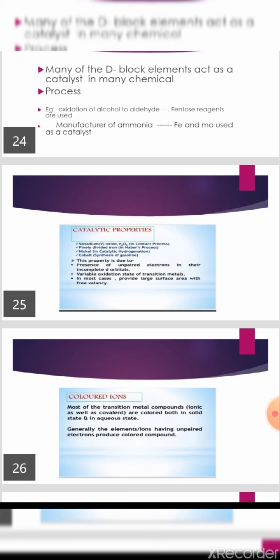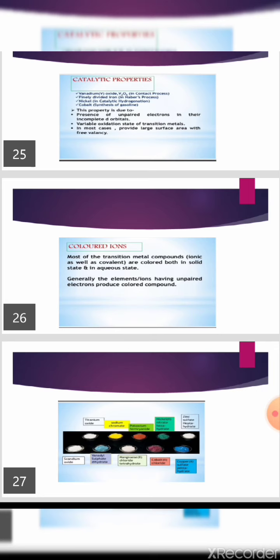This catalytic property of the elements is due to the presence of unpaired electrons in their incomplete d orbitals, second the variable oxidation states of the transition metals, and third they provide a large surface area with free valency. This is why most of the elements of the d block are used as catalysts.